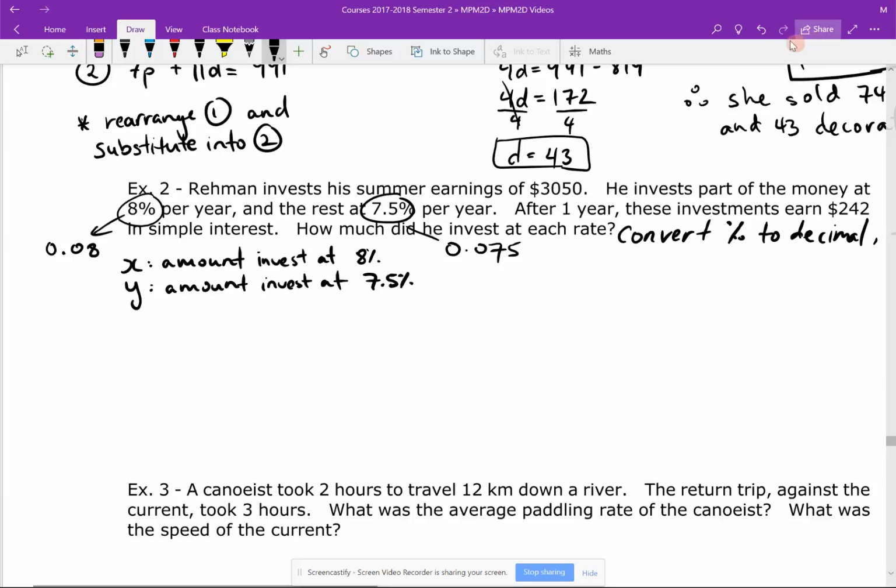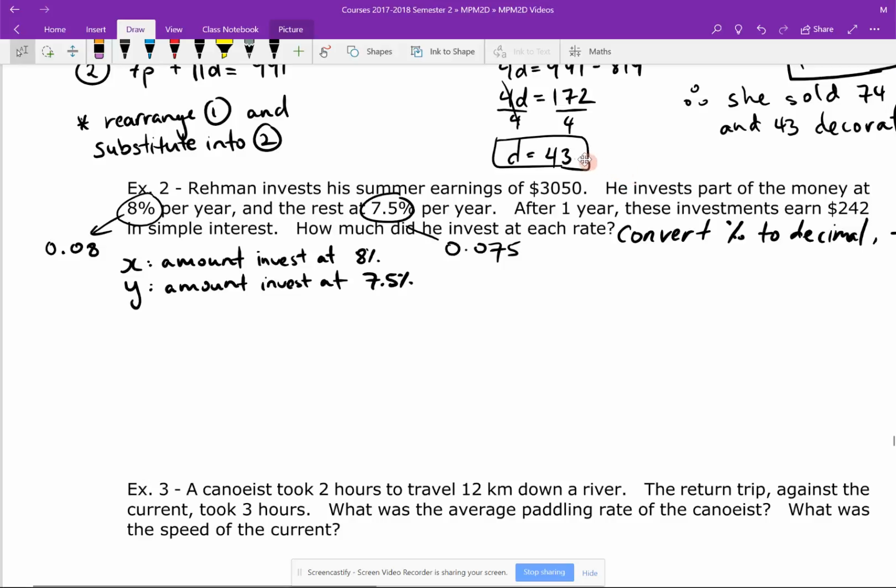Well, the question only talks about investing money, so you need to know how much money you're investing. And so how do you differentiate the types of money you're investing? Well, one type of money is invested at 8%, the other type is invested at 7.5%. And the question even asks how much did he invest. So ultimately, you're looking for how much money is being invested at each rate. So there you go. The question is really the big clue that tells you what to look for, what's variable, how to make your variables.